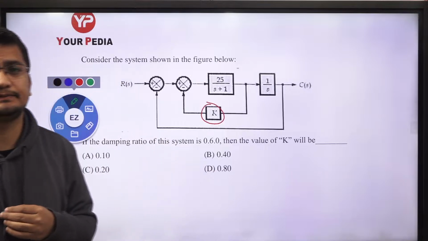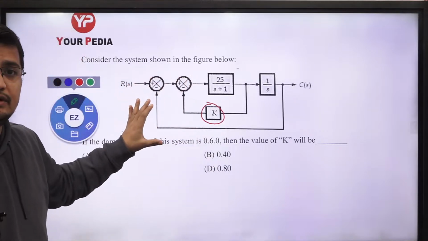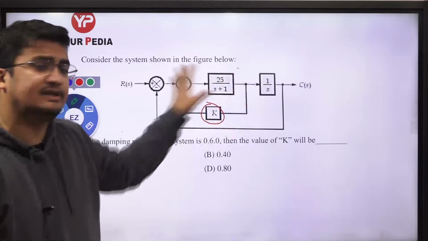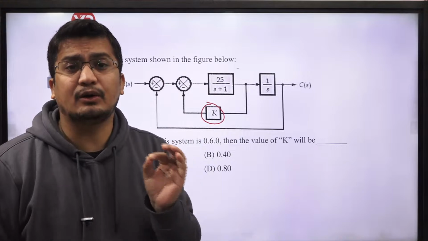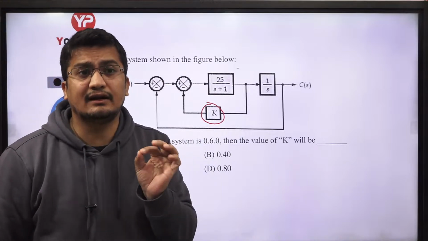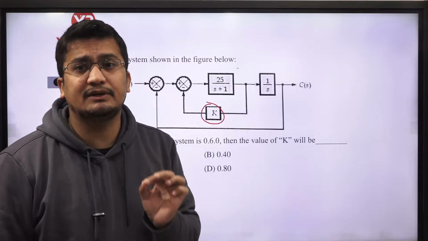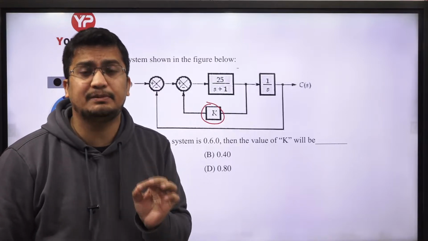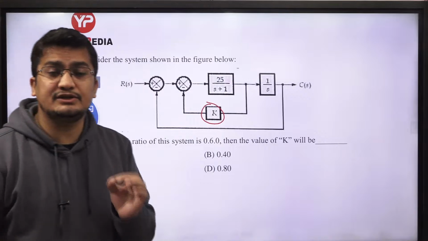So guys, whenever you have this kind of question, what you need to do is reduce this and compare it with the standard second order prototype control system. The standard transfer function is omega n square upon s square plus twice zeta omega n s plus omega n square, where zeta is your damping ratio and omega n is your natural frequency.